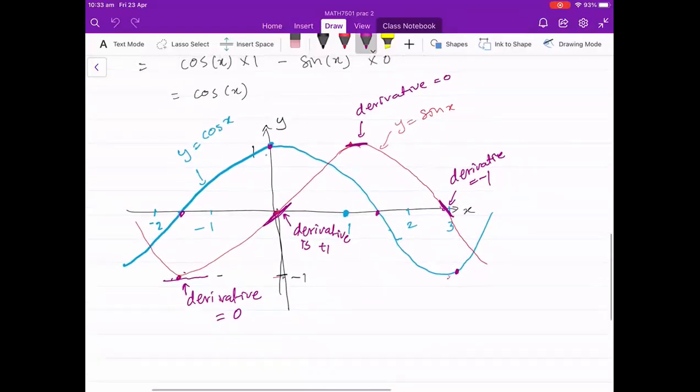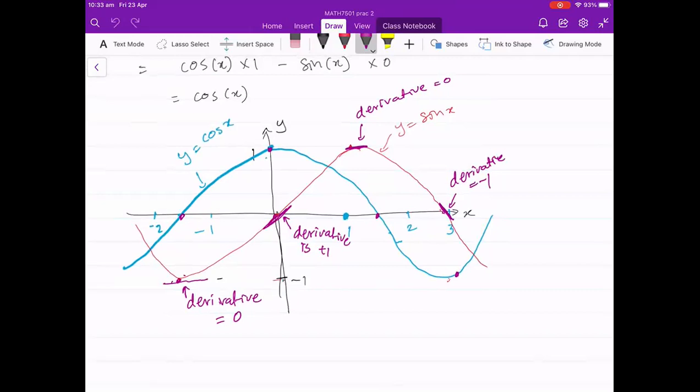Okay, my graph may not be accurate, but this is a little bit of explanation that I can give. So this is sine x, and let's say the derivative here is here. If I put a point here, look at the slope. The derivative looks like 1. So put a point there and then come back to this point. The tangent is parallel to the x-axis, so the derivative is 0. Put a point here.